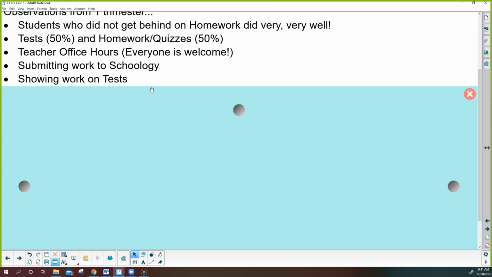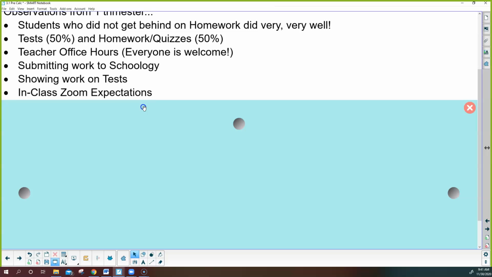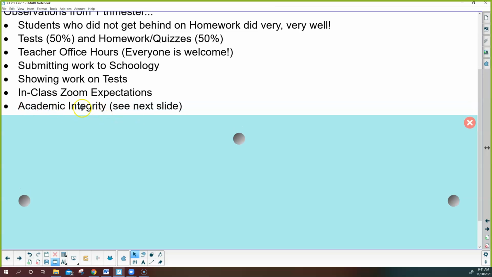It might be PhotoMath, it might be some other version of getting answers, and they're submitting that, and then I'm looking back at their work, and their work is a higher level mathematics that we've never taught. I'm not saying it's wrong because it's right, but I'm questioning the authenticity of your work. Where are you getting that work from? And if any of that raises a red flag, then I'm going to have a conversation with you and talk about the academic integrity. All right, so that's the next slide.